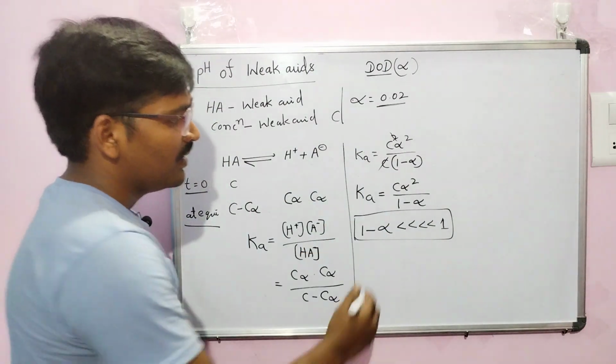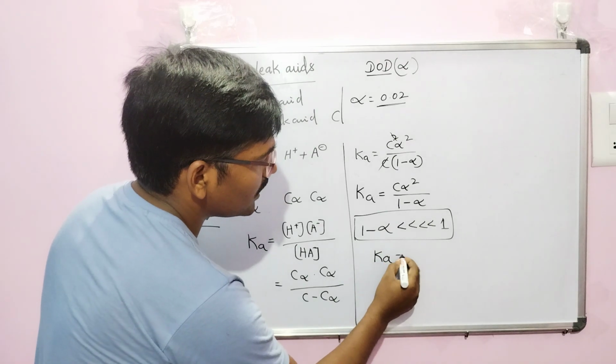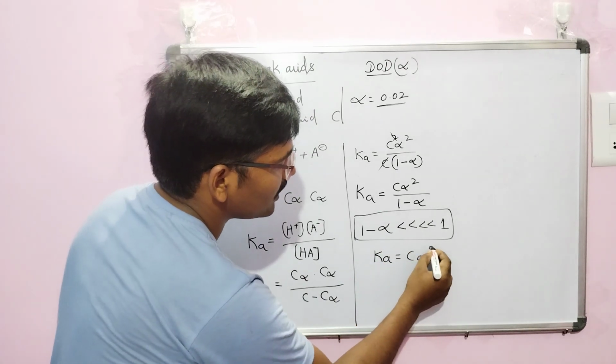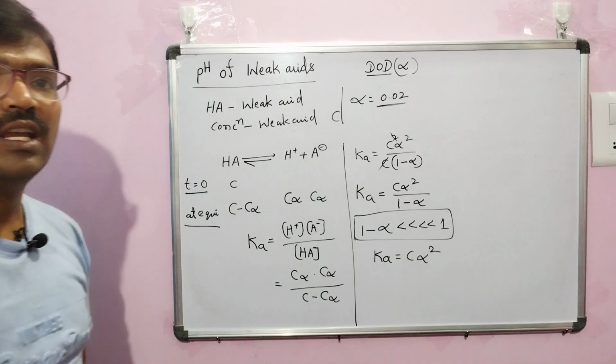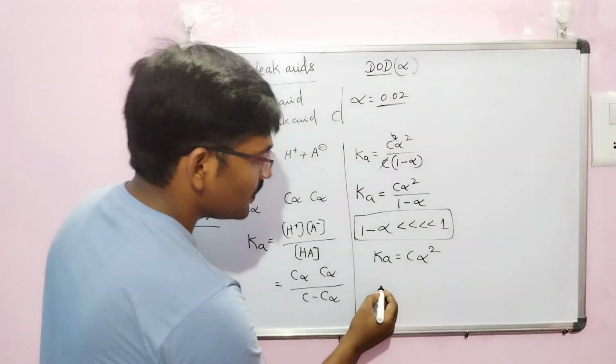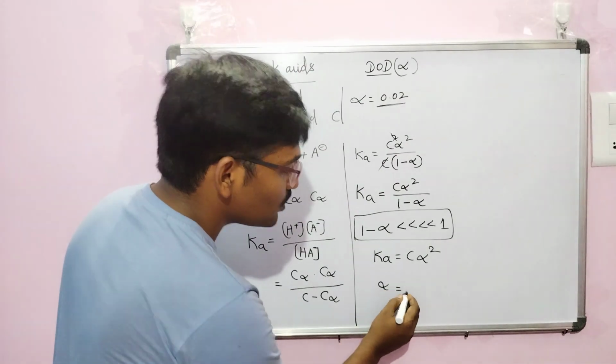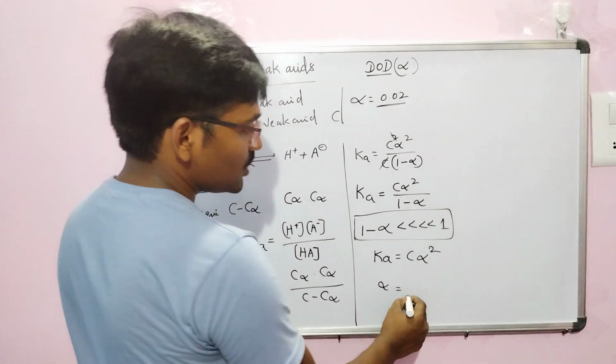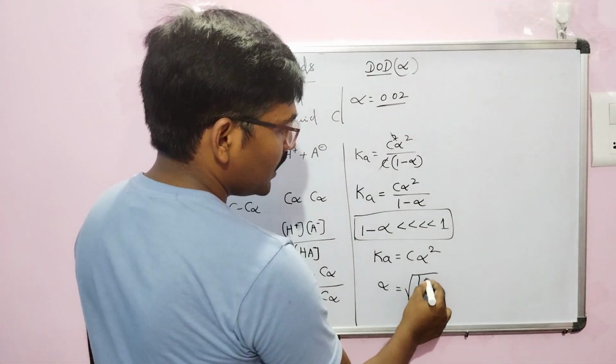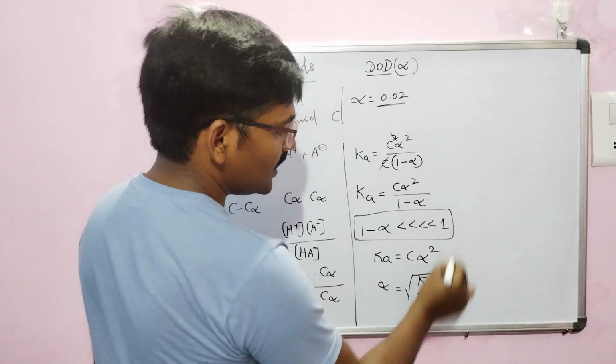Then Ka equals C alpha square. So alpha, the degree of dissociation, equals square root of Ka divided by C.